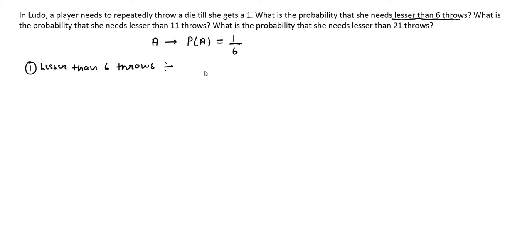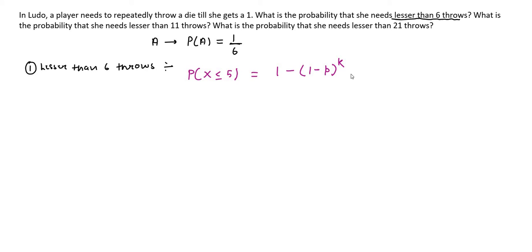The probability that x is less than or equal to 5 is given by the formula 1 minus (1 minus p) to the k.